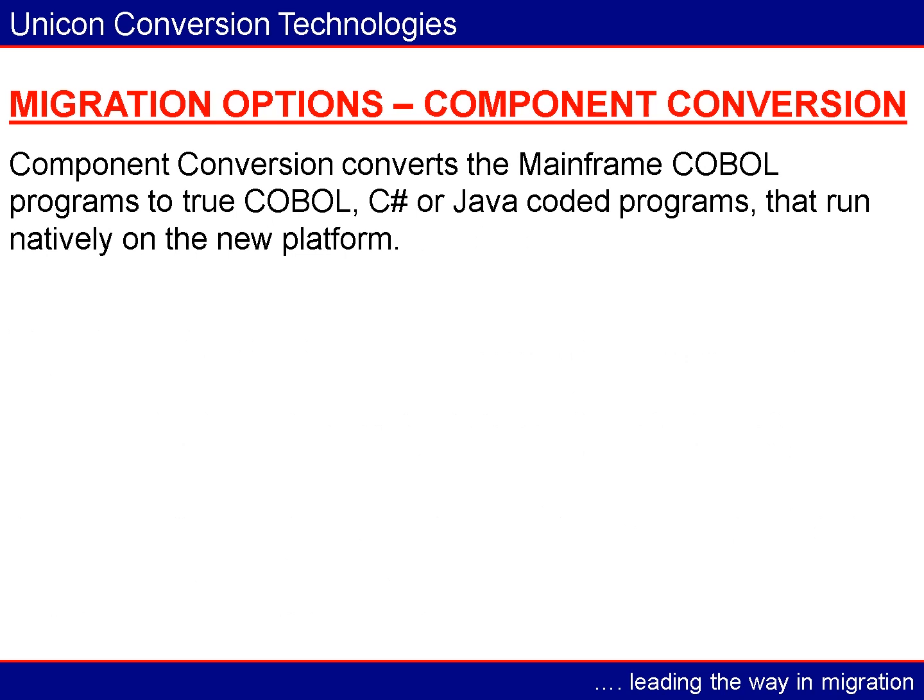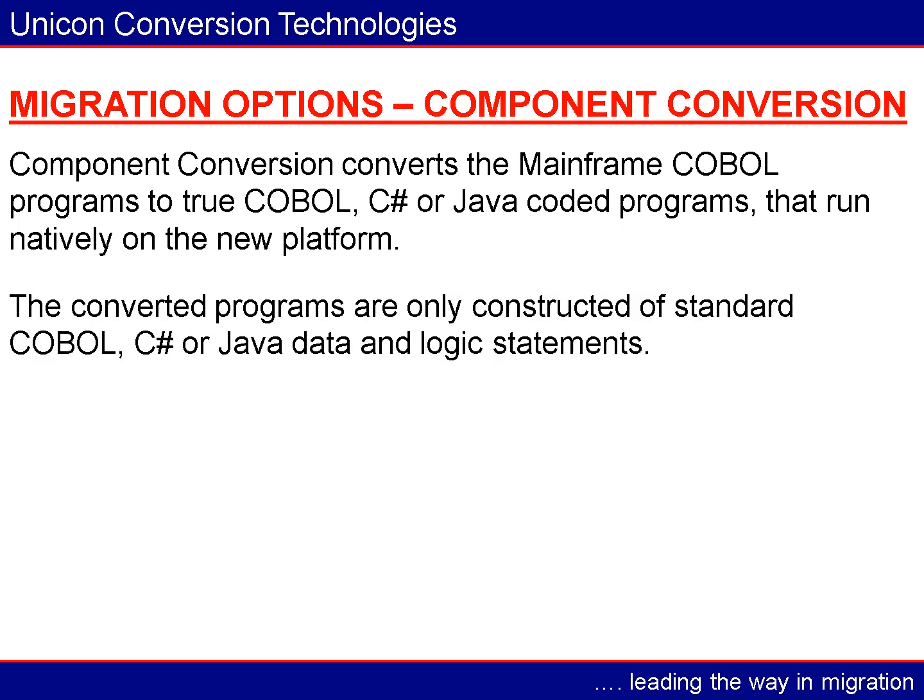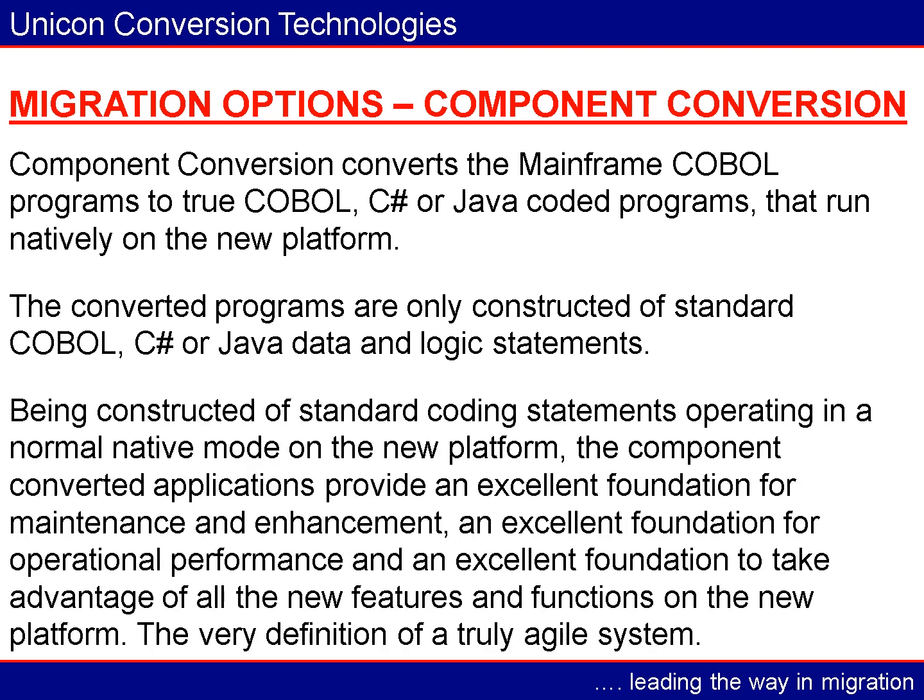Component conversion converts the mainframe Cobol programs to true Cobol, C# or Java coded programs that run natively on the new platform. The converted programs are only constructed as standard Cobol, C# or Java data and logic statements, being constructed as standard coding statements, operating in a normal native mode on the new platform.